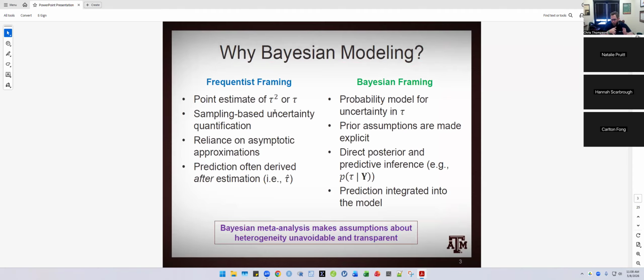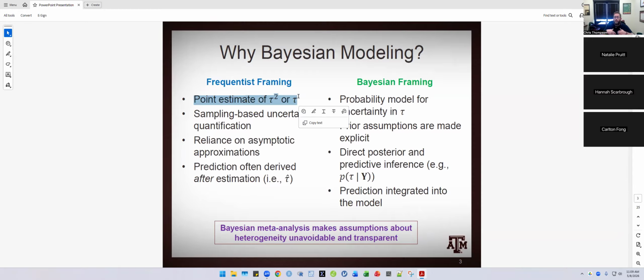So, why do it Bayesian, right? Starting on the left side with the blue column, in a viewpoint that is not Bayesian, which is more common in the social sciences, education, and so on, the estimate of tau squared or tau, I'm going to be using tau more here, but you will often see tau squared as well, is viewed as a fixed parameter that we want to estimate.